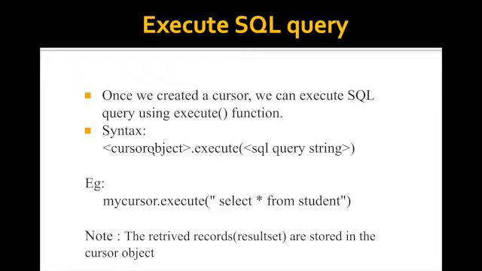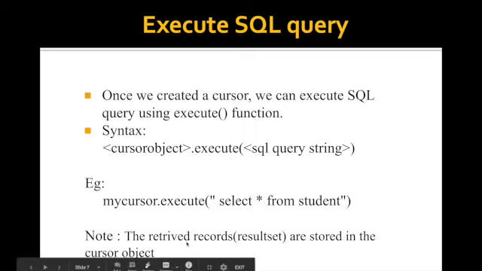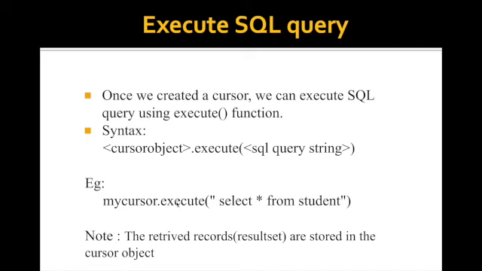For example, here our cursor object is mycursor dot execute, then in brackets the query we are going to execute: select star from student. Suppose in the table 5 records are there, all are kept in mycursor. The retrieved records are stored in the cursor object. The retrieved records are called the result set, which is also stored in the cursor object. So this way we are executing the query.